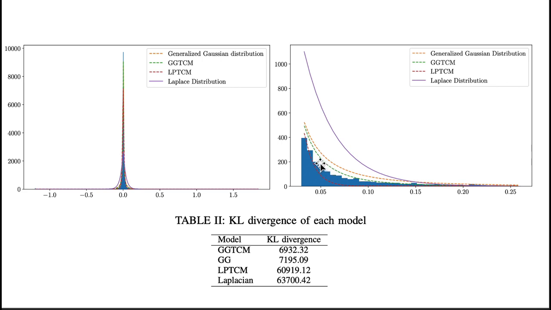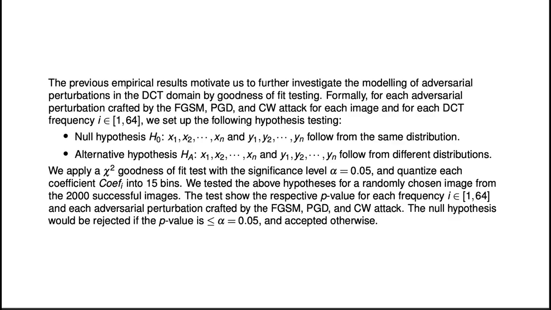To further support our observation, we calculated the KL divergence between the histogram and each fitted model, where the smaller the KL divergence, the better the model fits. So our previous empirical results motivated us to further investigate the model of the adversarial perturbation in the DCT domain by using goodness of fit.